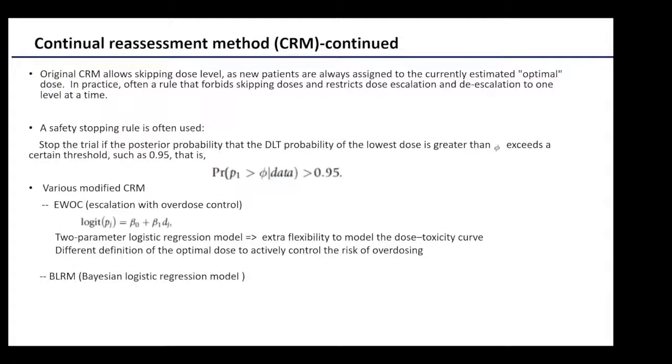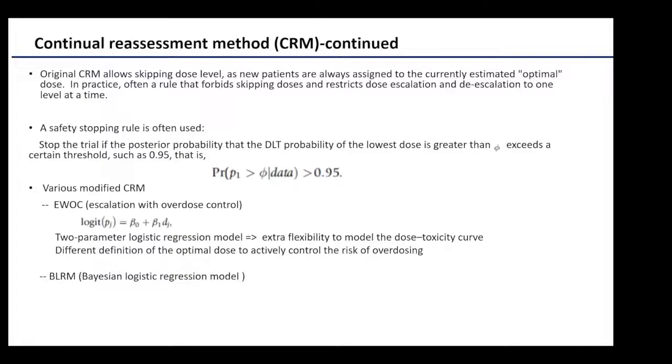Initially, the original CRM allows skipping dose levels, such as skipping the next dose level to go 2 levels higher, and it can also allow you to add a dose level in between. However, later on they found these rules have a much higher chance to overestimate MTDs.